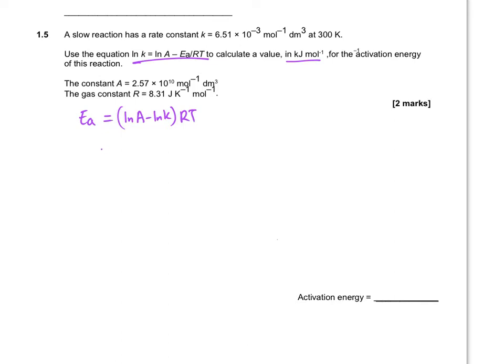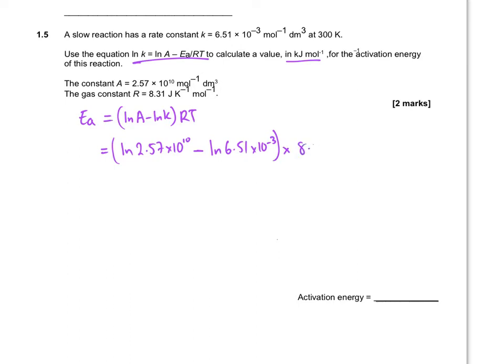Right, so if we substitute the numbers in, we know that we've got to do log of A, which is 2.57 times 10 to the 10, minus log of K. K is 6.51 times 10 to the minus 3, and then we're going to multiply that by RT.